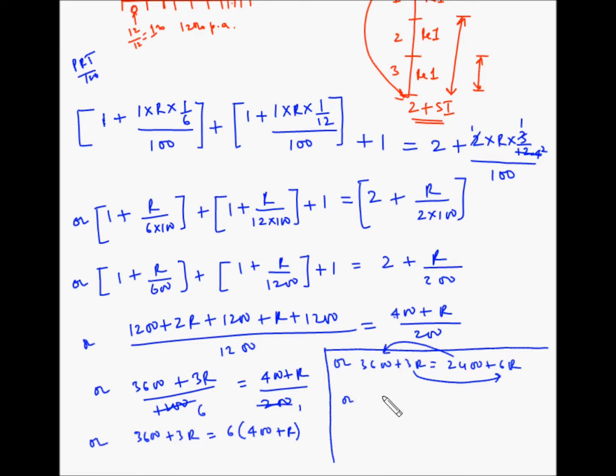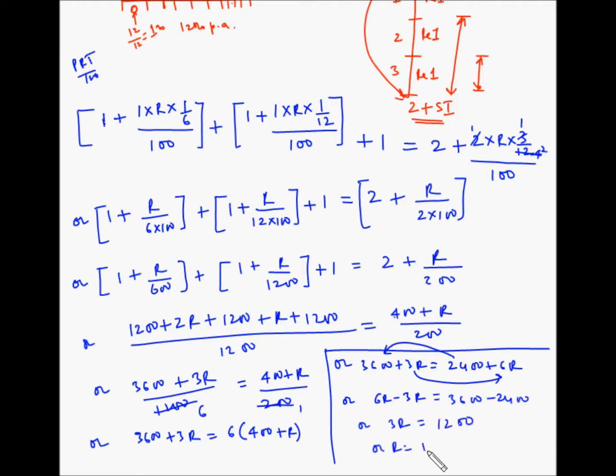So our equation becomes 6R minus 3R is equal to 3600 minus 2400, or 3R is equal to 36 minus 24 is 12, so 1200, or R is equal to 1200 divided by 3, which is equal to 400%.